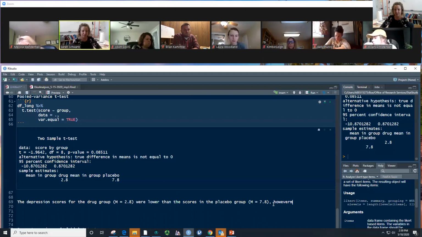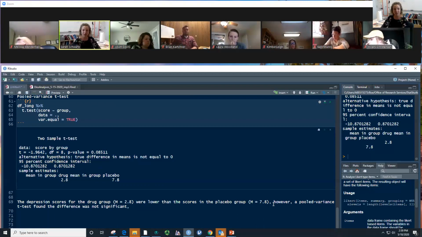However, a pooled variance t-test found the difference was not significant. And then we have to put our stats. It's a t-test, and then in parentheses, we put the number of degrees of freedom, which are 8.